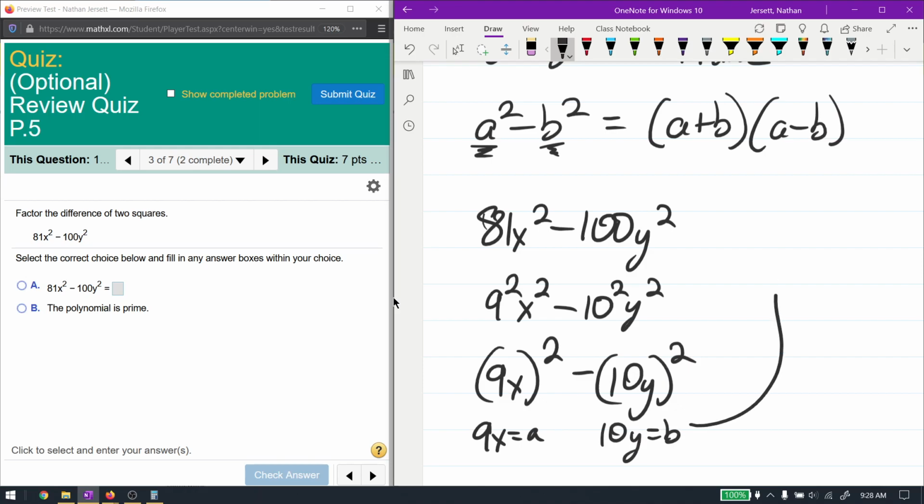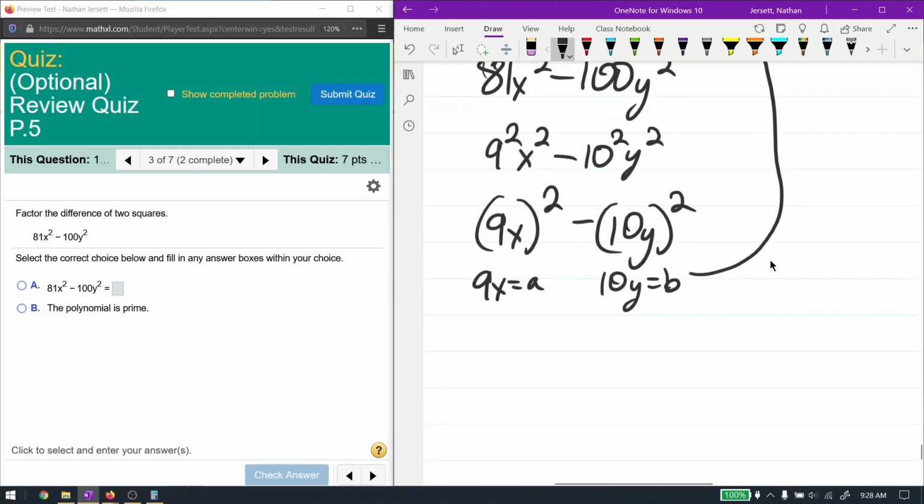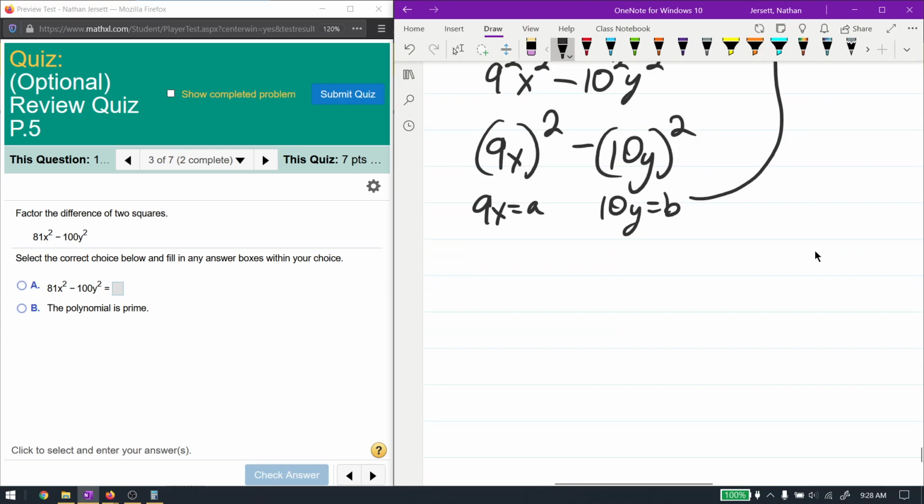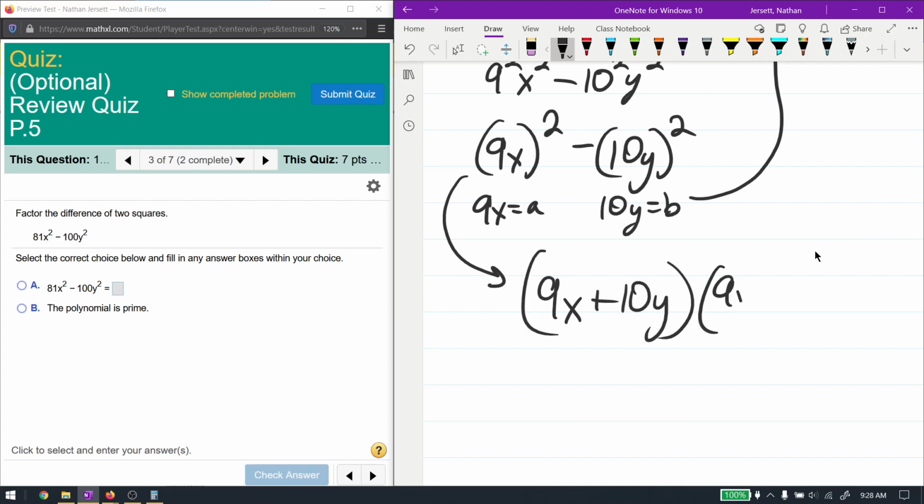I can plug these things into our formula and we will have our factored form. So the factored form of this thing is just going to be a plus b, a minus b. And that is it factored completely.